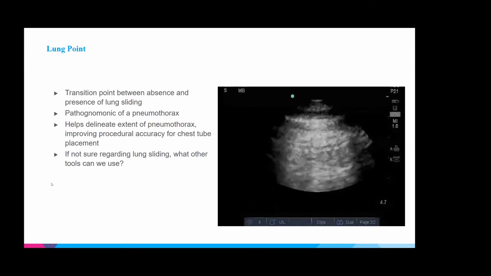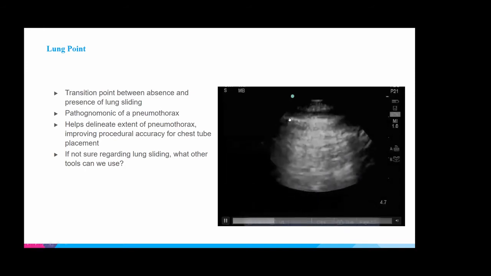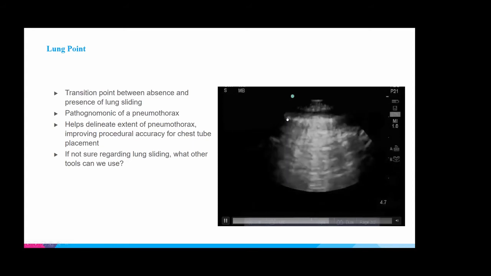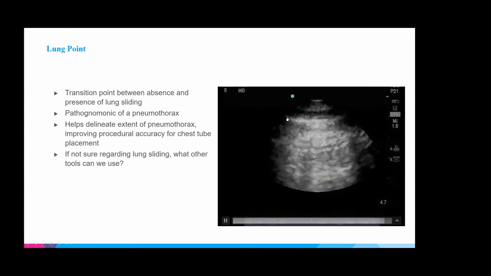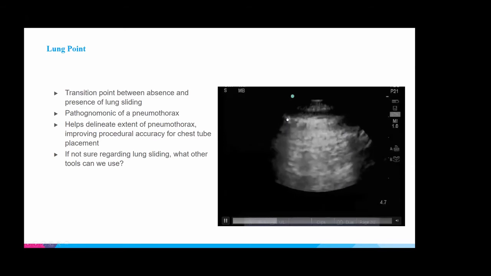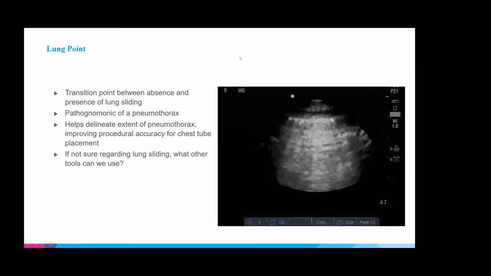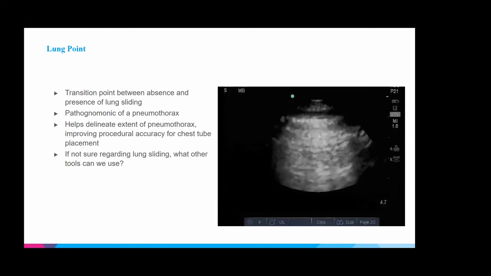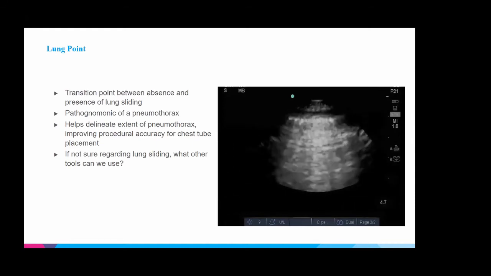If you're not sure whether there's lung sliding or not, what's another tool we have that can help delineate the presence or absence of lung sliding? M mode? Yeah, excellent. And what are we looking for specifically on M mode? What are the classic findings? Seashore sign. I'm sorry, Athena?